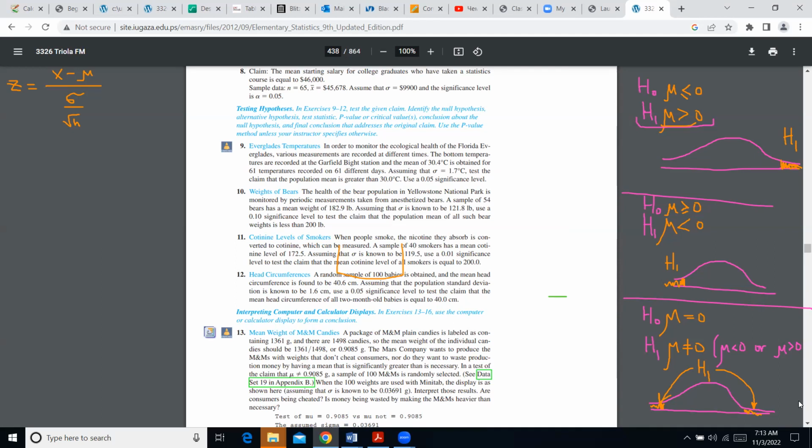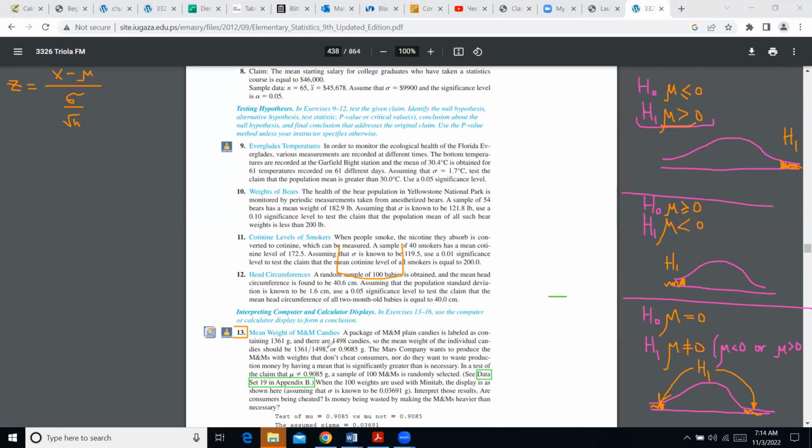So how about if I try problem number 13 that talks about the average weight of M&M candies. Do you get enough chocolate if you purchase it or not? So what do they weigh?